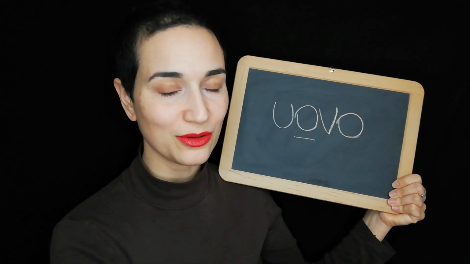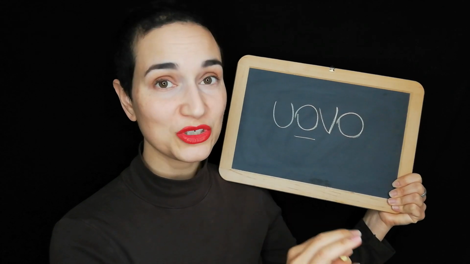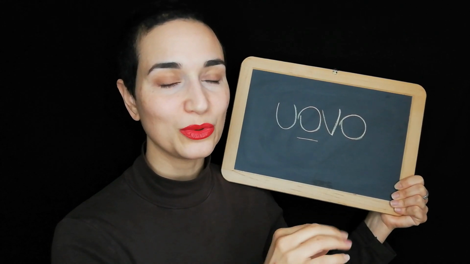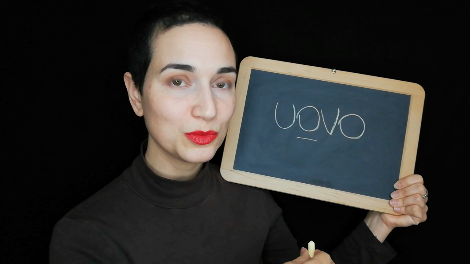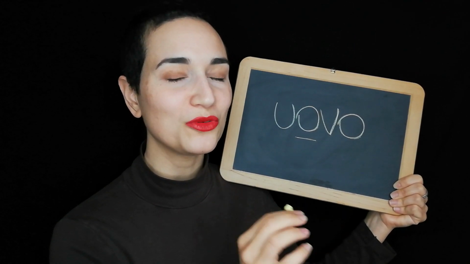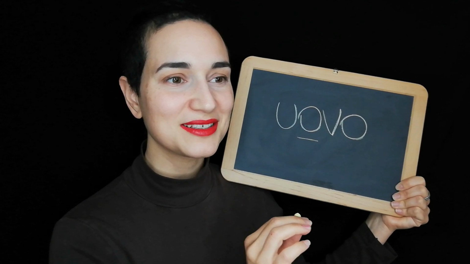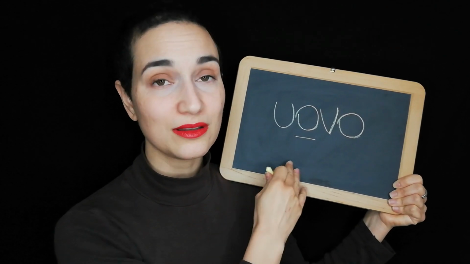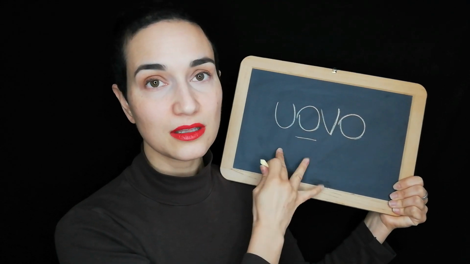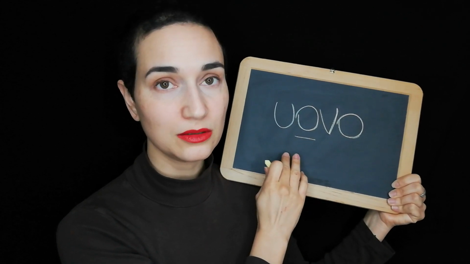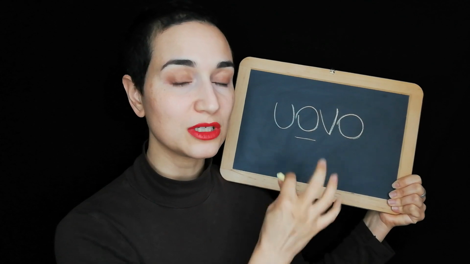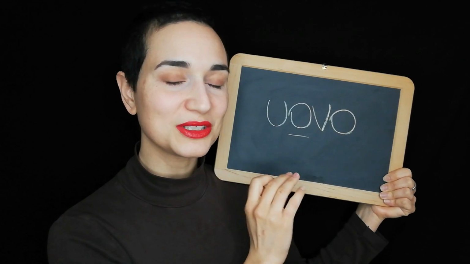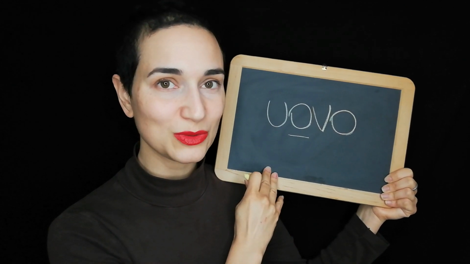As you go towards the south, it tends to be very closed, especially in the Campania region. They do so with other similar words that have these two vowels together, u and o. They tend to pronounce it very closed, and I love it so much. It's a very perceivable difference, this one.